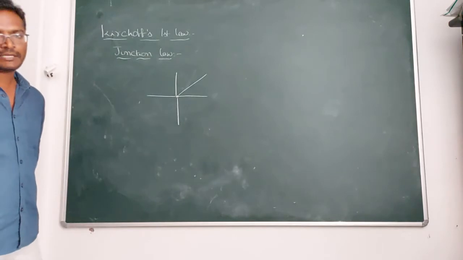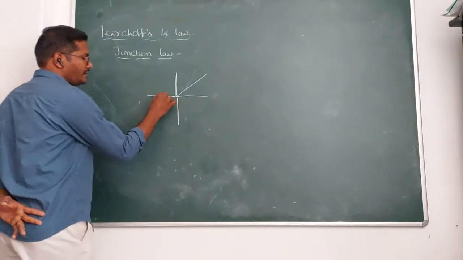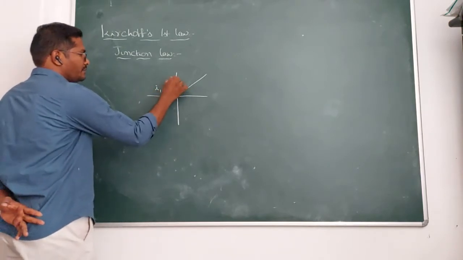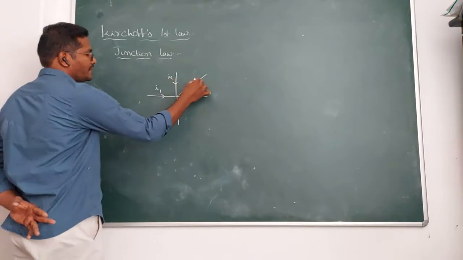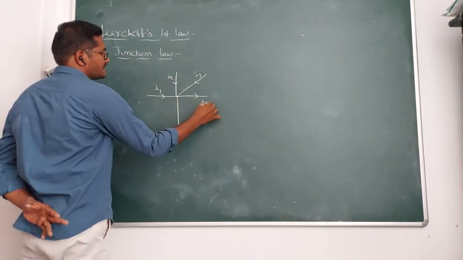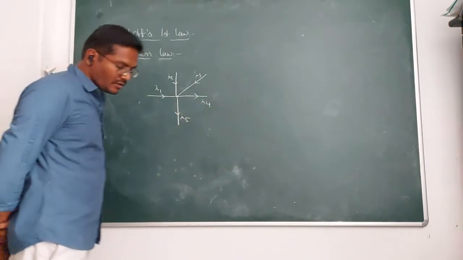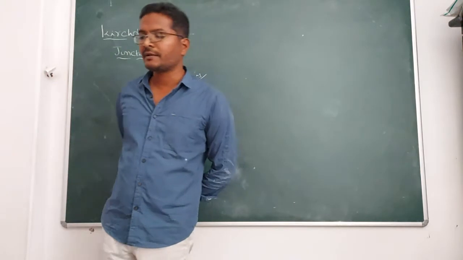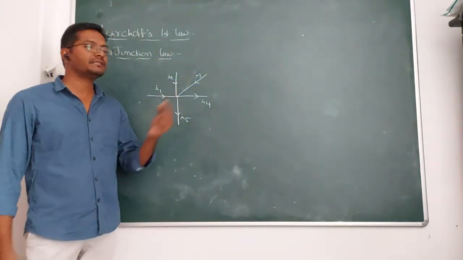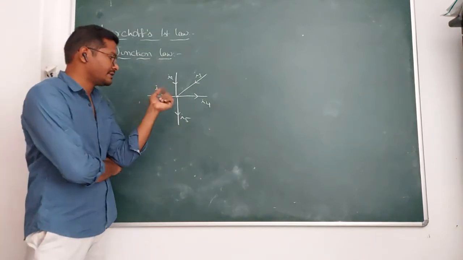If a current I1 is coming here, another current I2 is coming here, another current I3, and then I4 and I5. Kirchhoff's junction law says there is no accumulation of charges at a junction. Charges are never accumulated at a junction.